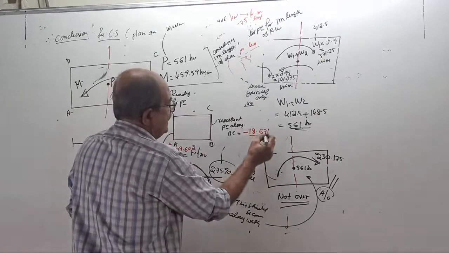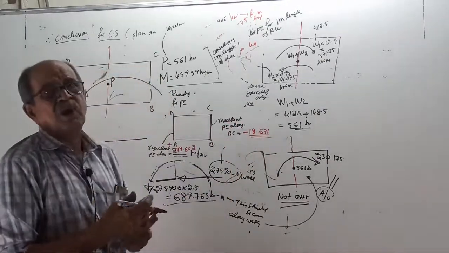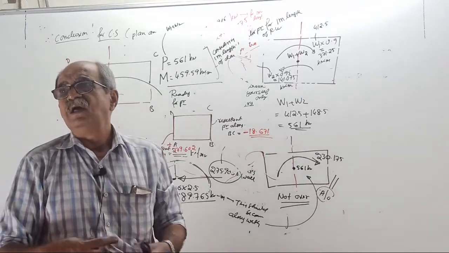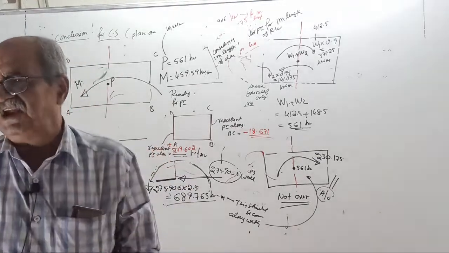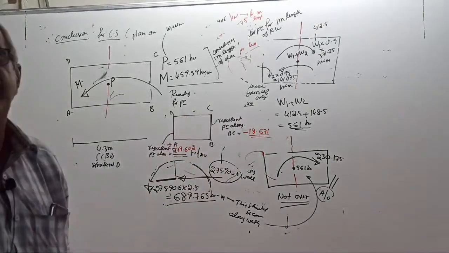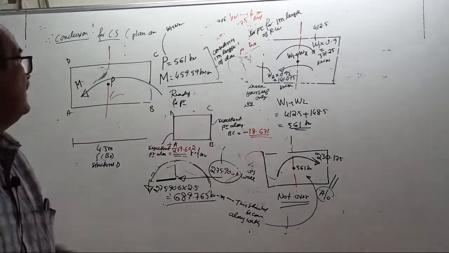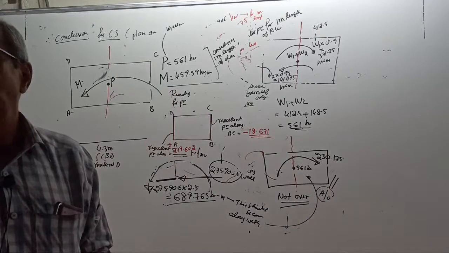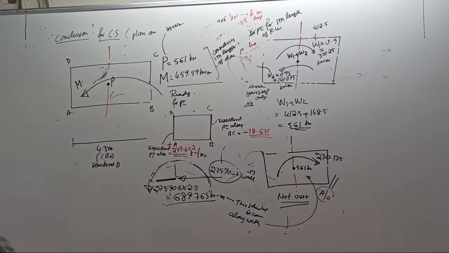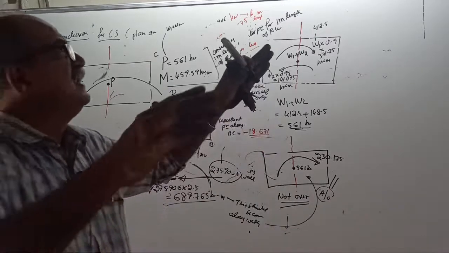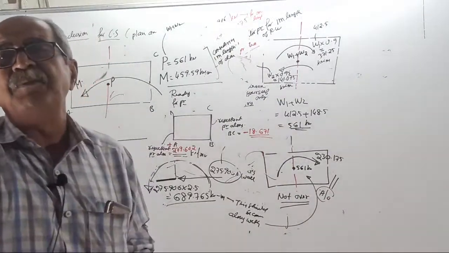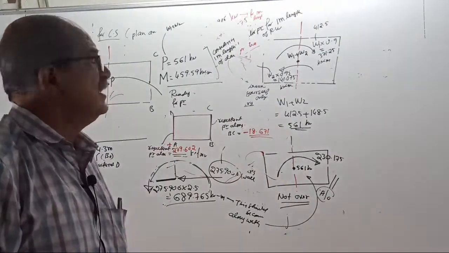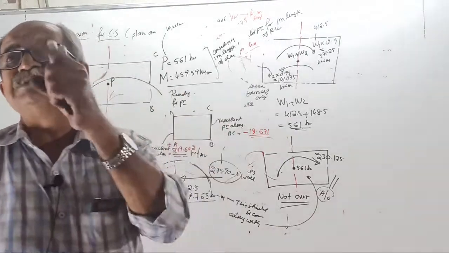18.671. That means, I will explain tomorrow, whether the base width provided for this retaining wall is sufficient or not. Negative sign means that side will get lifted. So conclusion today, for this masonry dam, top width 2.5, height 7.5 meter, the most critical is the base width.